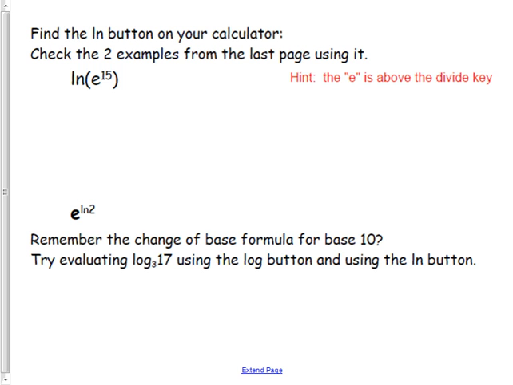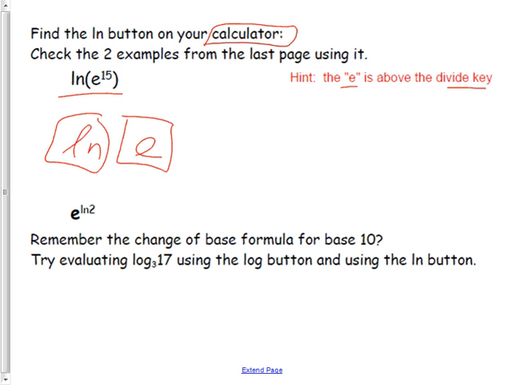Okay, I'm almost done here. So if you had to do this on your calculator, ln of e to the 15, just in case you didn't know, the e is above the divide key. Grab your calculator, type in the ln button first, and then the e, which is again above the divide key. Power of means caret, 15.